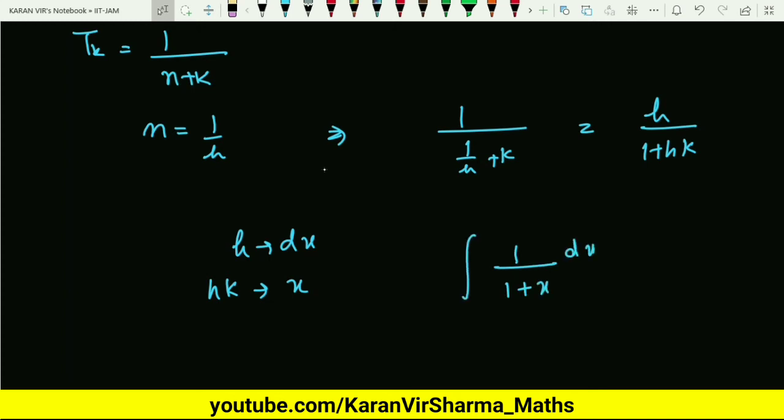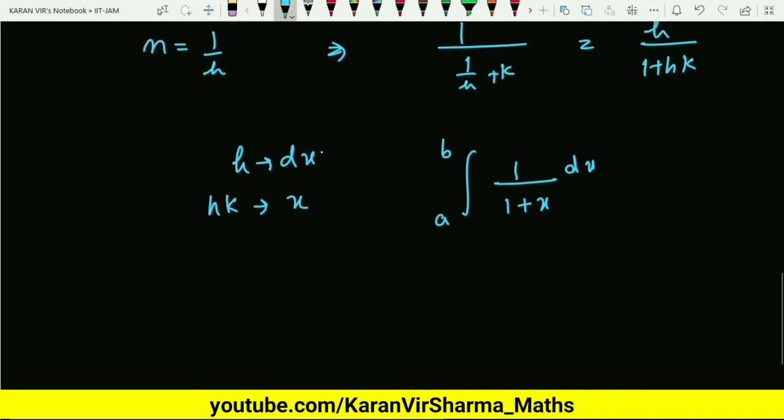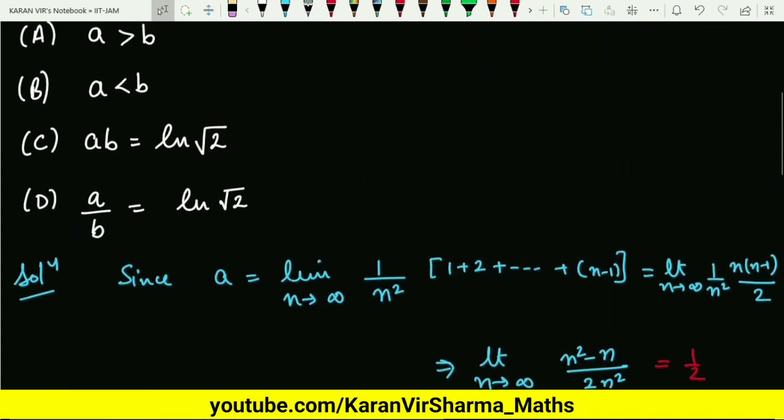Now we have to calculate the lower limit and the upper limit, and that is a very easy task. When n tends to infinity, the limit of h will be 0. Now we need to see in the series what is the first value which is varying.